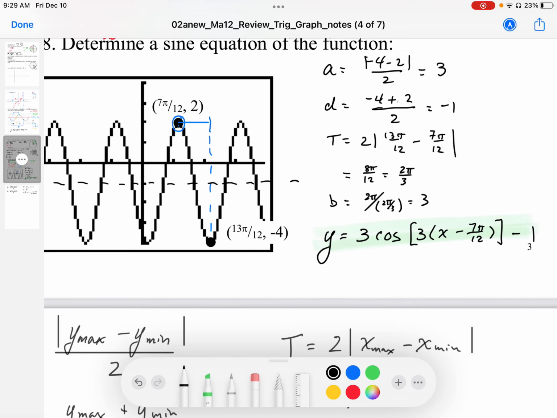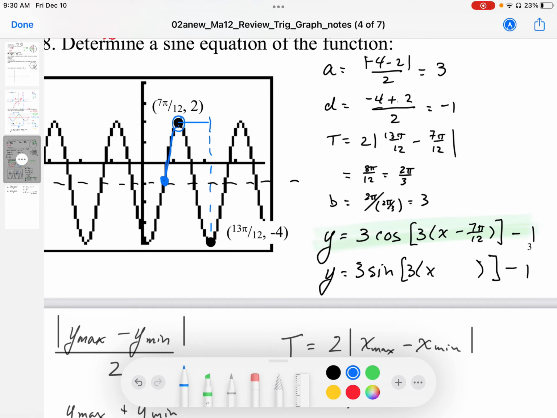I'll also do a sine version of this. It's really going to be the same thing. The only difference is going to be the horizontal shift. So everything else is the same, but we just have to figure out the horizontal shift. There's a few different ways to do this, but basically we're trying to find the location of that point, and that's basically 1/4 of a period from that maximum point.